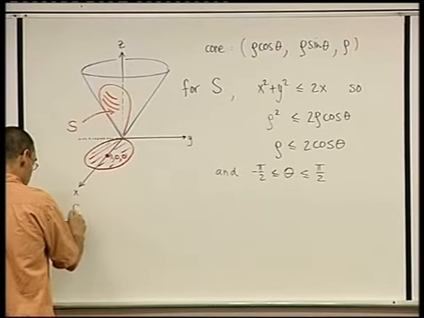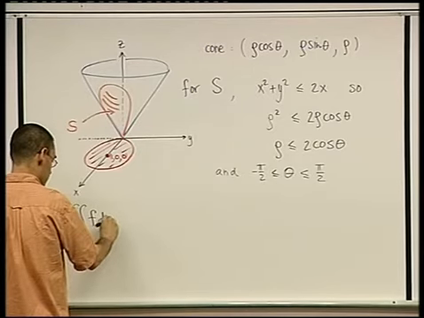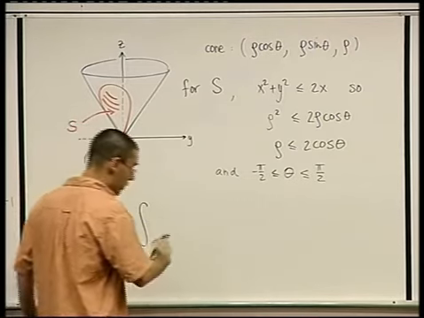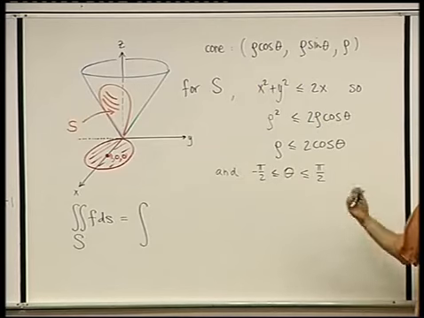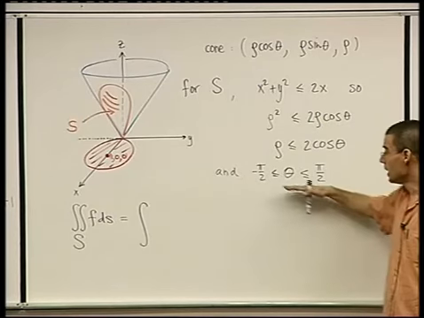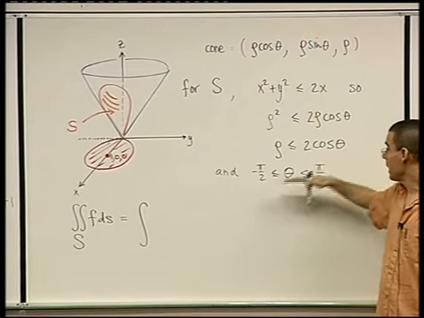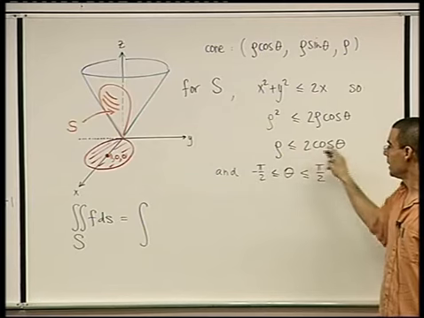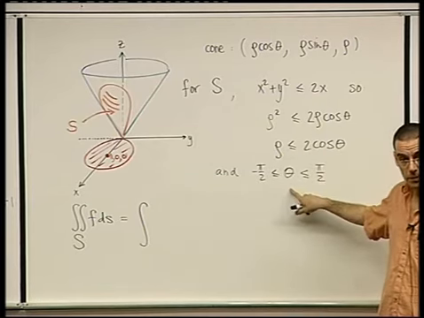So the integral over S of f ds equals the integral, and now I want to write it right away as an iterated integral. It's a double integral. Theta is bound between two constants, and rho is related to theta, so this has to be the outer integral, right?